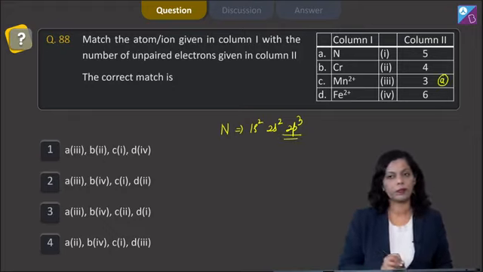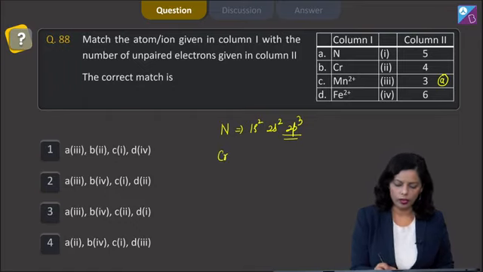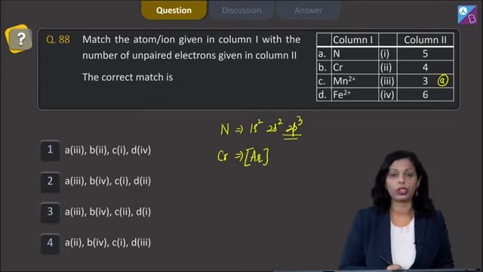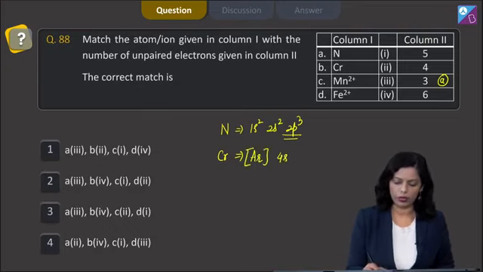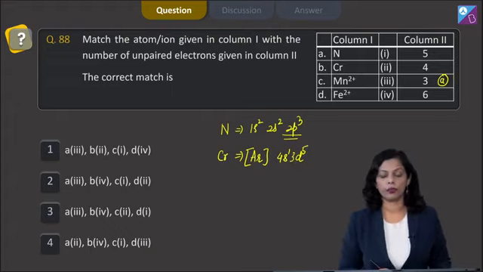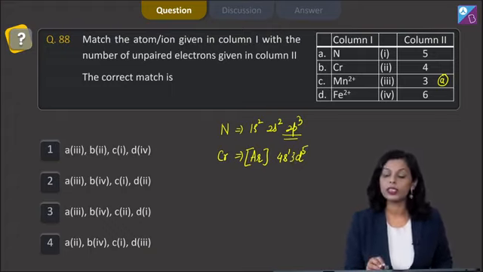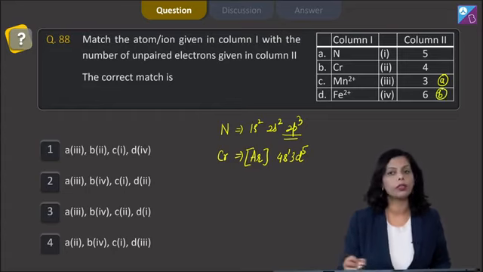Chromium, atomic number 24: the configuration is argon 4s1 3d5, so a total of 6 unpaired electrons are there. I can match chromium with B.